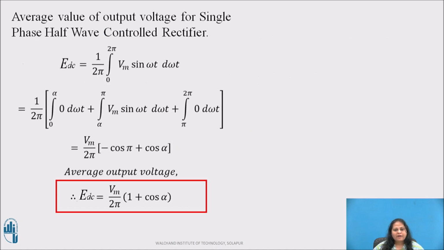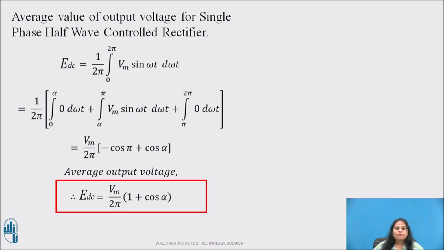Thus, average value of output voltage for single phase half wave controlled rectifier can be given by EDC is equal to 1 upon 2 pi integration from 0 to 2 pi Vm sin omega t d omega t.